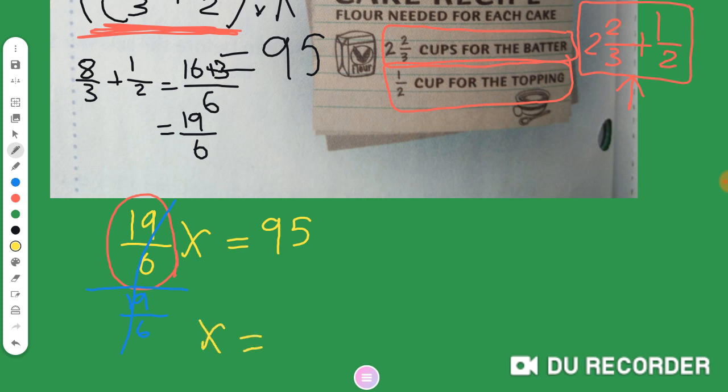On the other side, I divide by 19 over 6. So I have now, keep change flip, 95 multiply 6 over 19. Divide 19 by 19 equal 1, 95 divided by 19 equal 5. So I have now 5 multiply 6 equal 30 cakes.